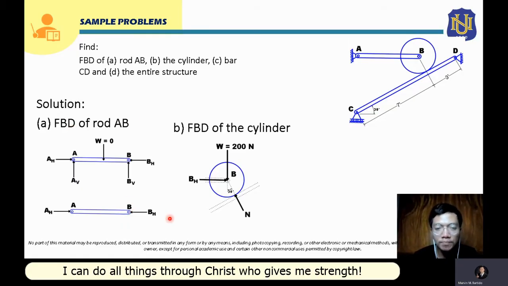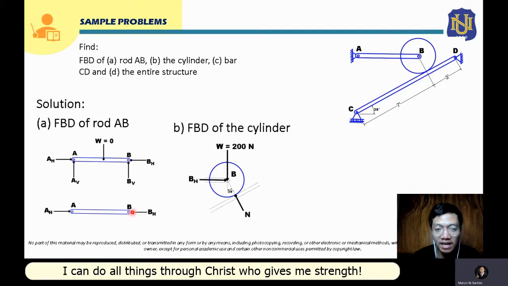Now, we have a rule here: since we already know that BV will just be 0, if we transfer this BH to another body, let's say from rod AB to the FBD of the cylinder, it will be oppositely directed. Again, if you transfer a reaction force from the FBD of one body to the FBD of another body, it should be oppositely directed.